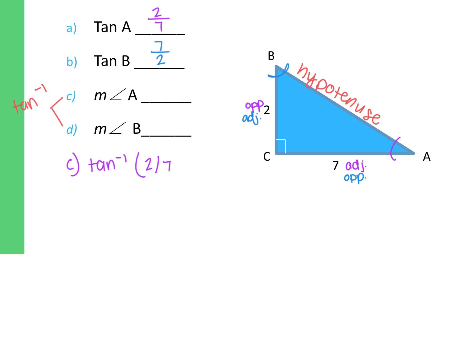If you're wondering how to get that fraction, it's just 2 divided by 7, and it's going to pop up like this. So this is what it should look like in your calculator. So second tan, 2 divided by 7, round to the nearest 10th. What would my answer be? 15.9.